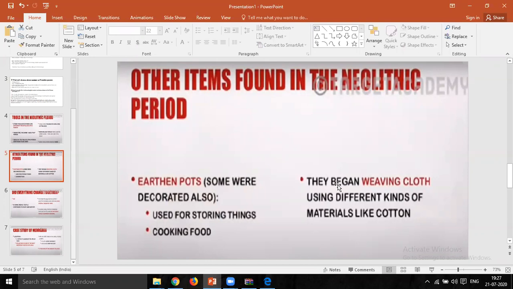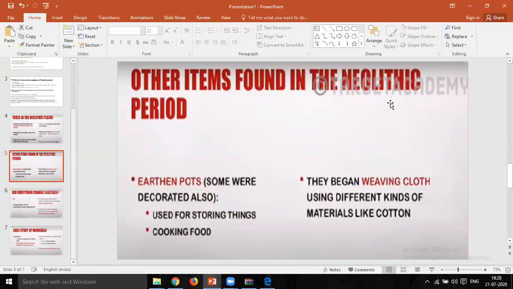And they began weaving cloth using different kinds of materials like cotton. For weaving the clothes, they also used cotton. So people began using pots for cooking food, especially grains like rice, wheat, and lentils, which now became an important part of their diet.